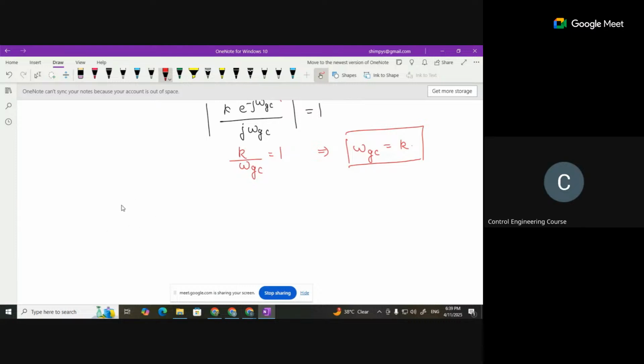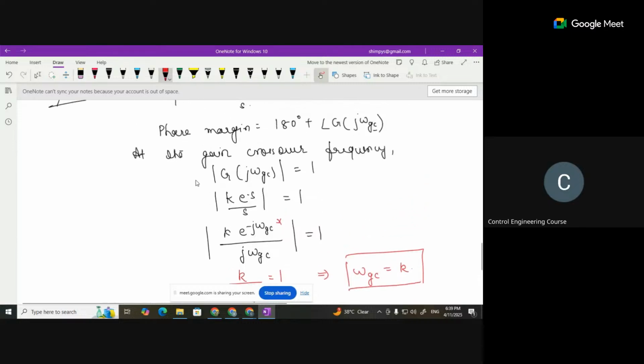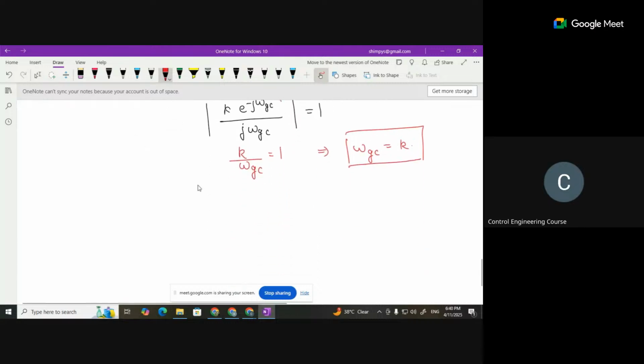Now, if I want to find out the phase of this transfer function, G(s), what will it be? I've just seen the magnitude, right? Can I write this as the angle of G(j omega), that is, the angle of K e raised to minus j omega divided by j omega?